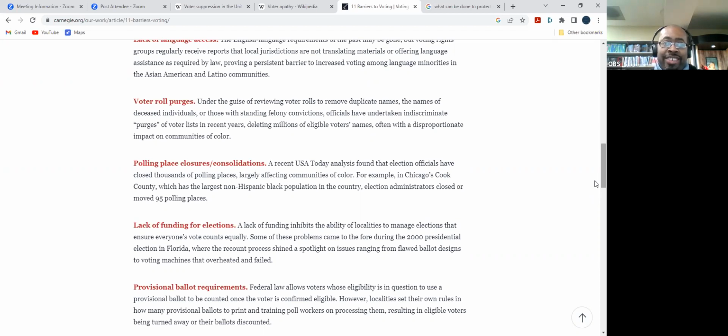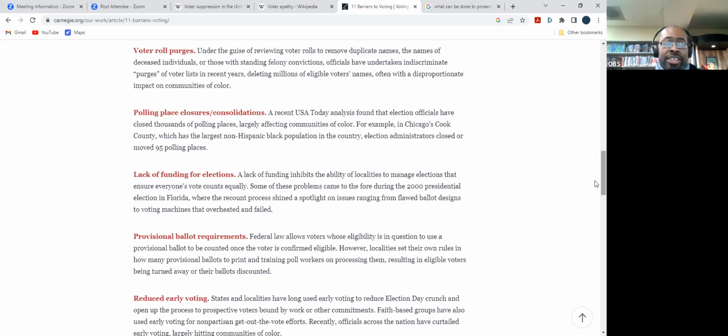As long as you don't have a felony conviction, if you're at least 18 years of age or older and you are a U.S. citizen, you still have the right to vote. And even in certain felony convictions, you can have your rights restored as well.